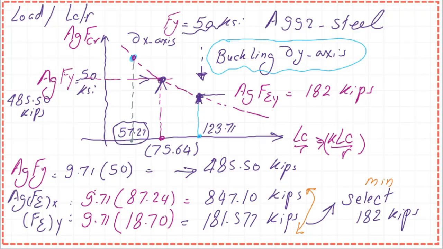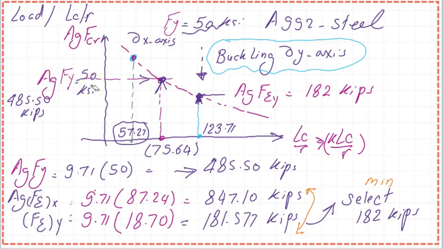Based on the author's solution, what he has done is he multiplied the stress by the gross area in the vertical axis. That's why the relation is between the load and the L sub C over R. This is L sub C over R, and the vertical axis represents the load, and this is the same graph.